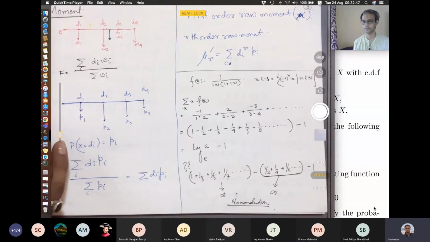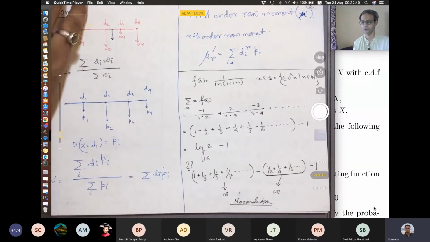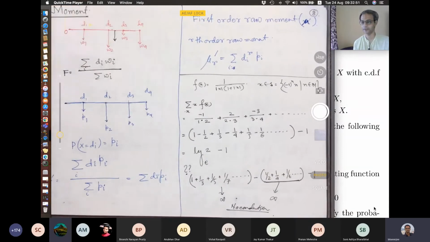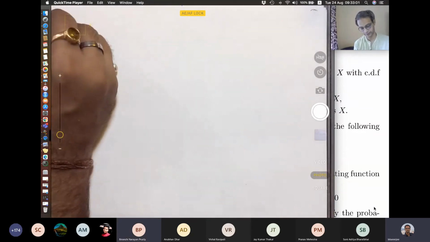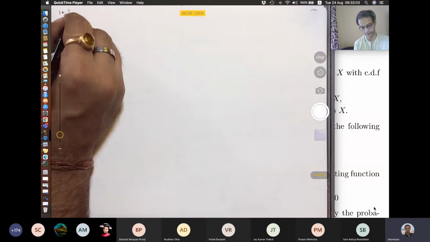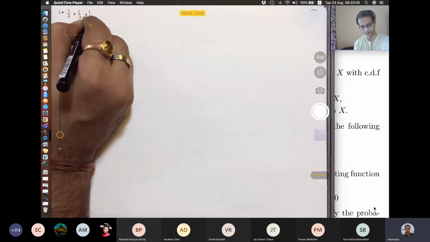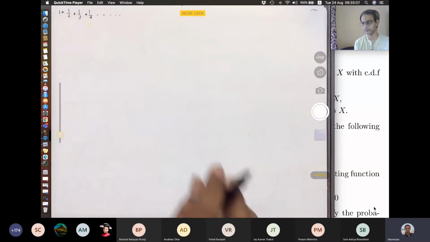It is a very simple proof, 2 lines. We can do it in the class. Or if you know from your courses, then it's also fine. So, is it fine to everybody that this series 1 plus 1 by 2 plus 1 by 3 plus 1 by 4, this diverges?